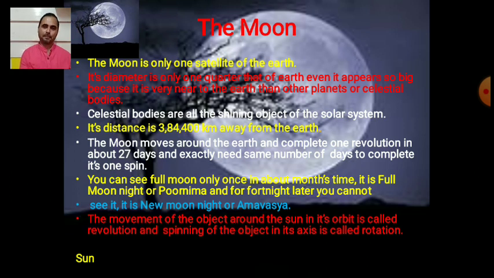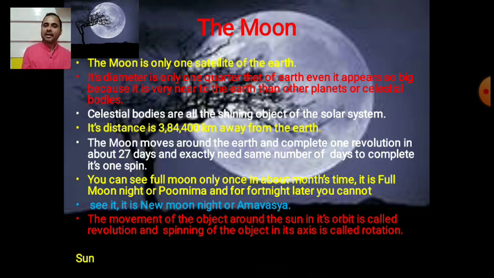one spin. Now let me try to explain the difference between revolution and rotation, so-called spin. Do you know what revolution is? The movement of the earth or a planet around the sun is called revolution.